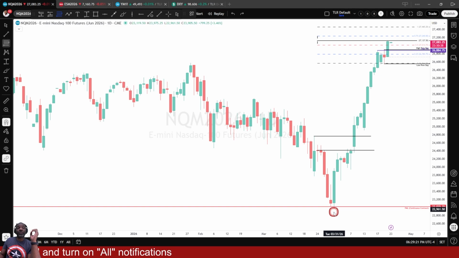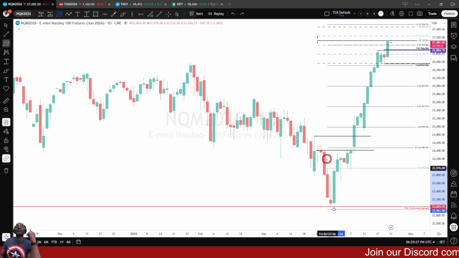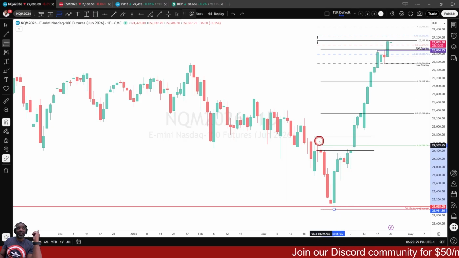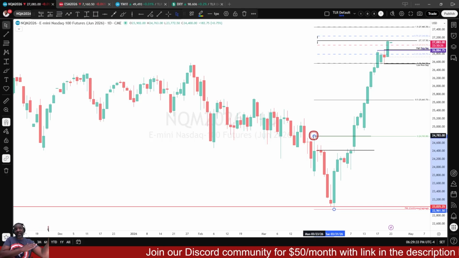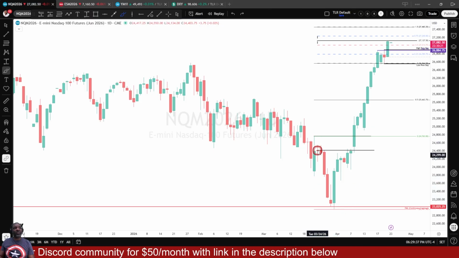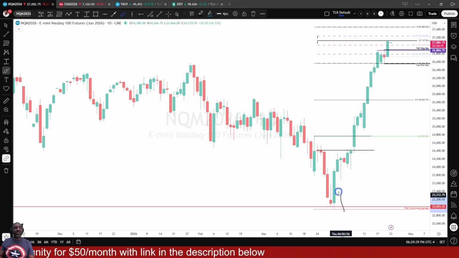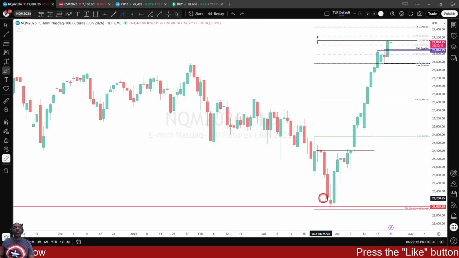You come to the low of that manipulation leg, pull the Fib tool up and to the left, and you go back to the swing high, the first swing high you get to in that manipulation leg down. Boop. So from the low back to the swing high. So this is our manipulation leg right there coming down into our liquidity, right?